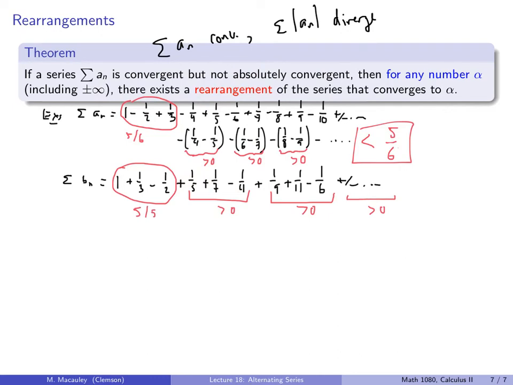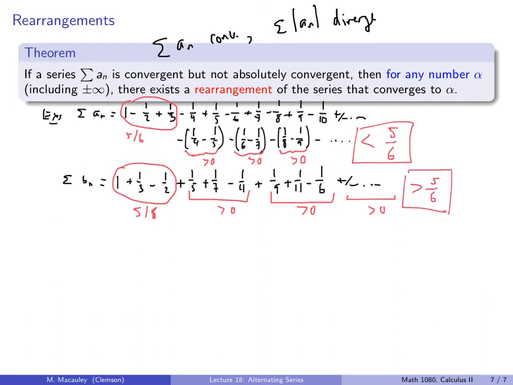I'll just make that into 5/6. So here, this sum is 5/6 plus something positive, plus something positive, plus something positive. So whatever we get clearly has to be bigger than 5/6.